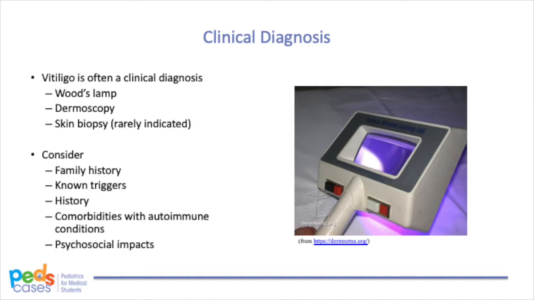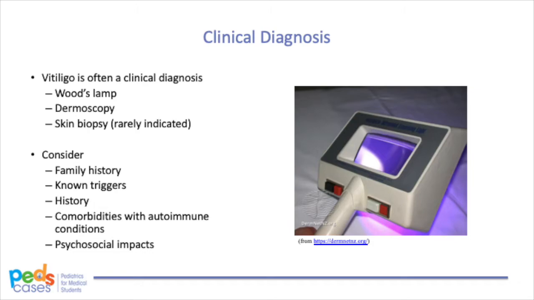Approximately 15 to 25% of patients with vitiligo are affected by at least one other autoimmune condition. Screening for thyroid disease is recommended for all patients due to its prevalence. It is important to watch out for symptoms of other associated autoimmune disease, including pernicious anemia, Addison's disease, and type 1 diabetes.